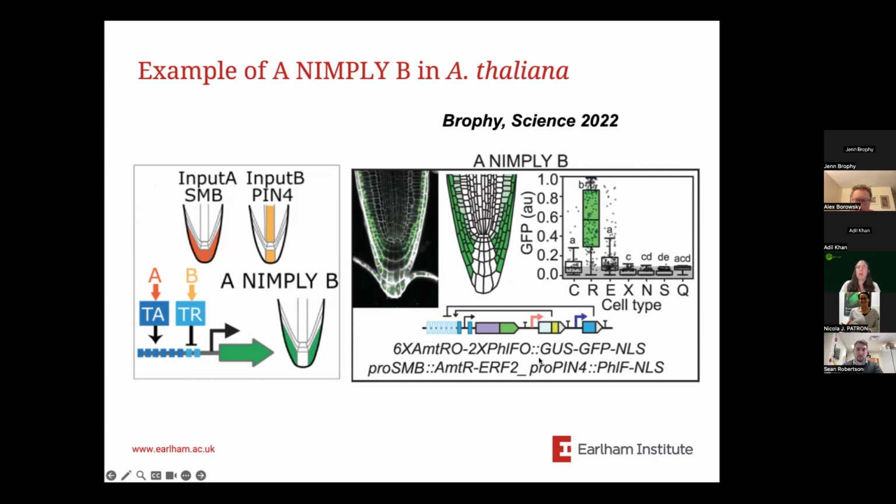So for the transcriptional activator, it's this DNA binding domain and this activator. And for the pin4, you have the DNA binding domain here with a nuclear localization signal tag.